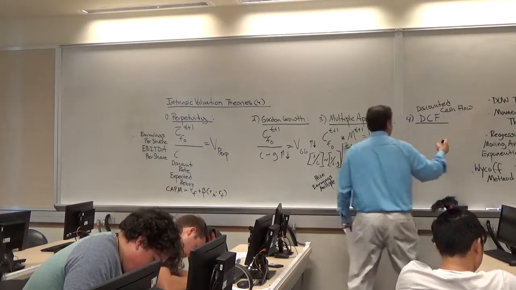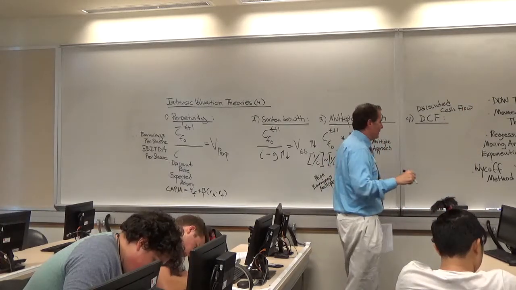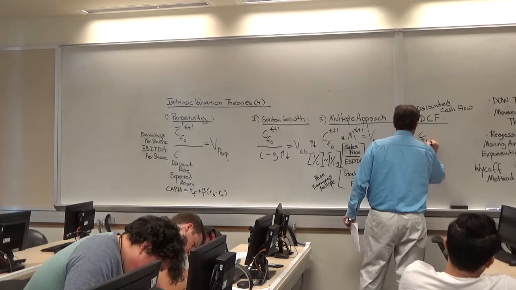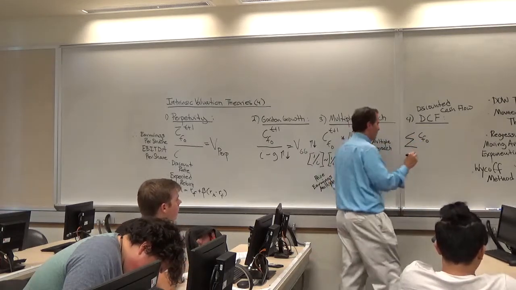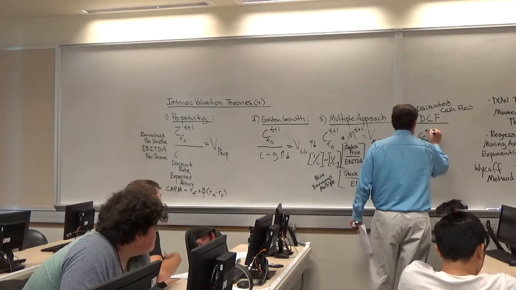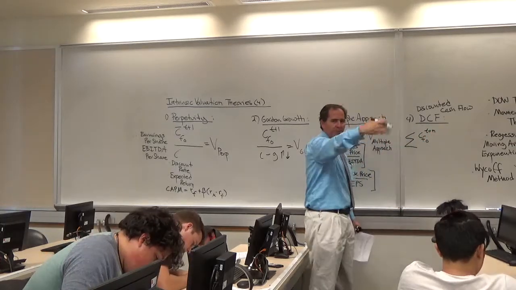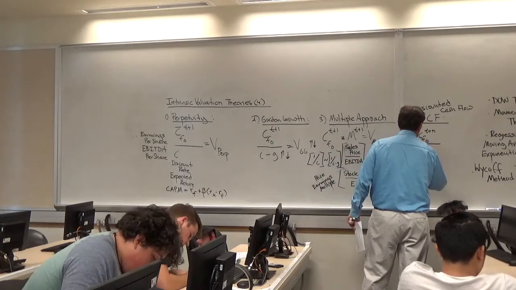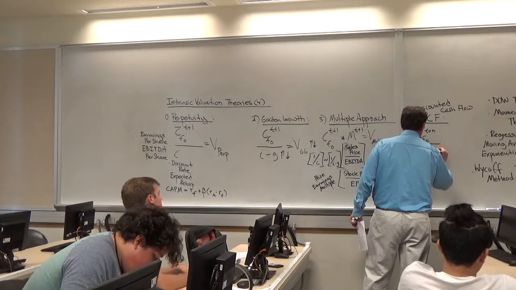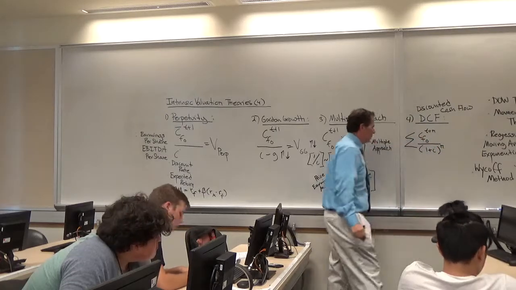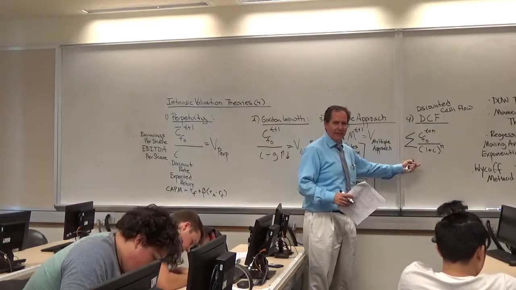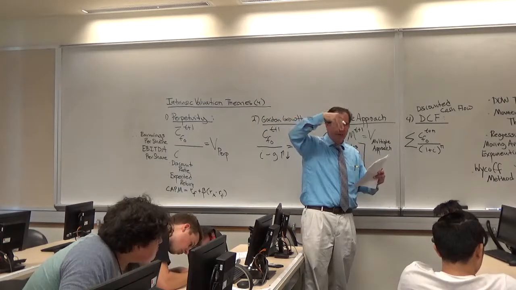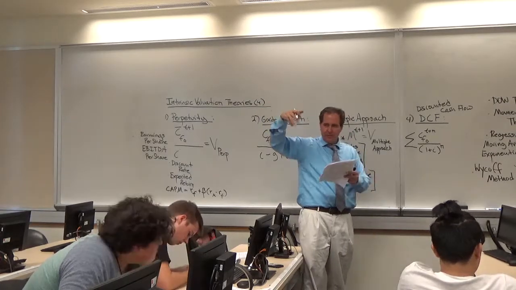Now the simple equation for the DCF model is you take the sum of the cash flows over the holding period divided by 1 plus I to the n. So this is basically the present value calculation. So you project it out, and then you take 1 divided by (1 plus I) to the 1, 1 divided by (1 plus I) to the 2, 1 divided by (1 plus I) to the 3.